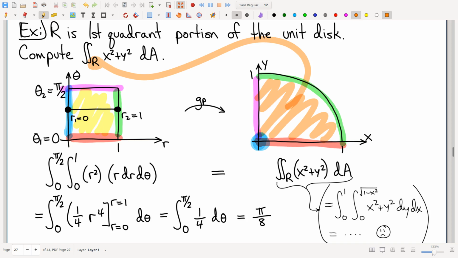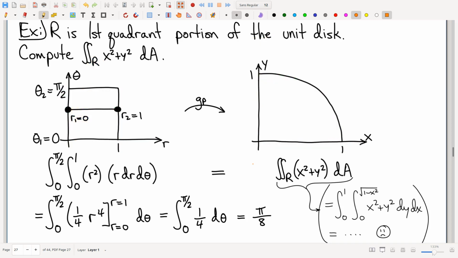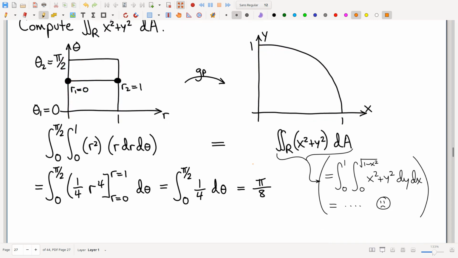And now we are perfectly set up to do a pullback. We have our new pullback domain, and so it's just a matter of writing it down. So x squared plus y squared. I've got to figure out how to write that in polar coordinates. Lucky break, it's an easy one.